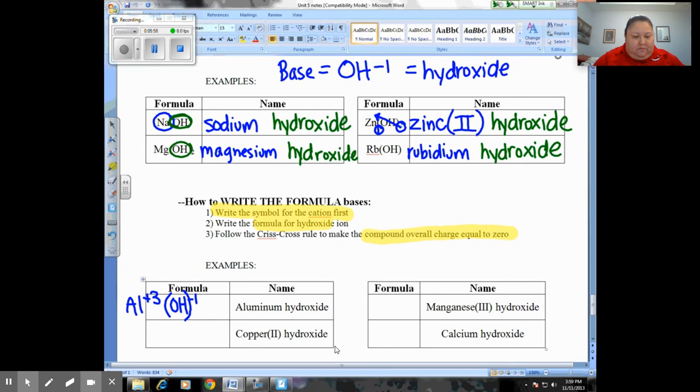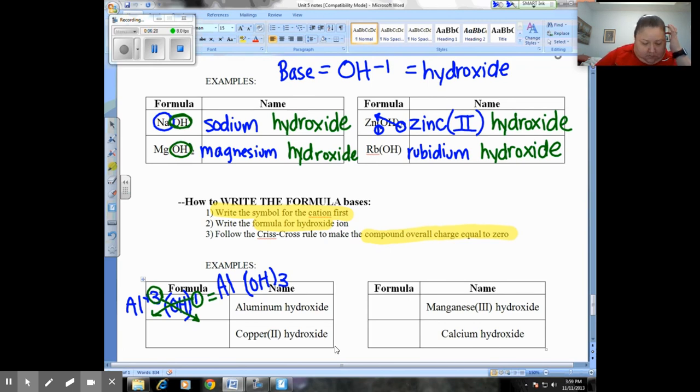And then step 3 said to do the crisscross rule, so dropping down these numbers diagonally to make sure that our compound is neutral, has no charge. So we're going to end up with Al1(OH)3. I ran out of room. Now, you're probably thinking, but you said we didn't need the 1, and you don't. You can actually erase it, and you can just leave it as Al(OH)3. It will mean the same thing, whether you have the 1 or not.